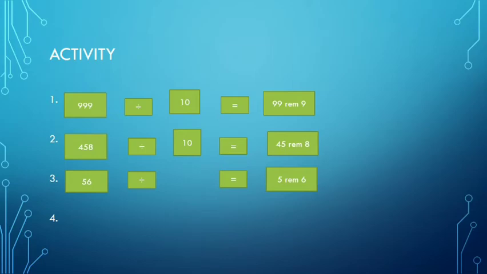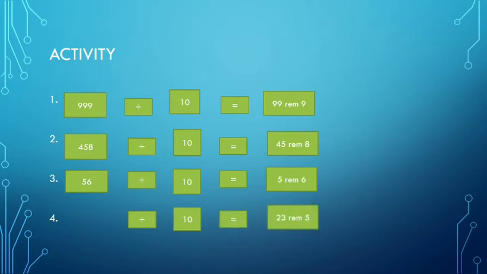Yes, divided by 10. Dash divided by 10 is equal to 23 remainder 5. Yes, 235.